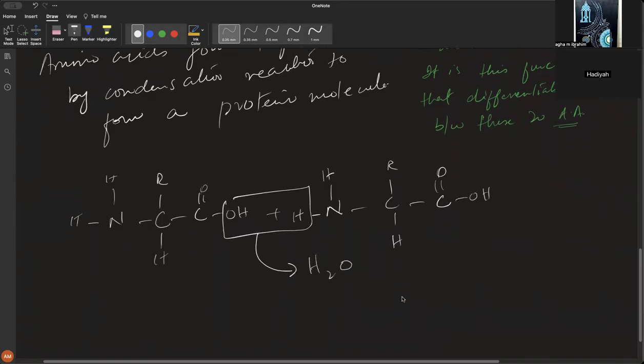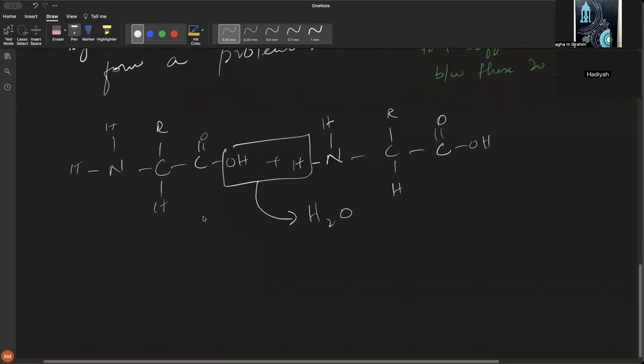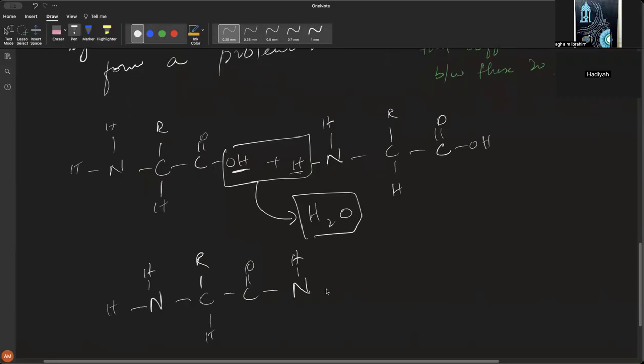Once the water is removed, they join together and form a bond. So this is going to be formed. You understand this?